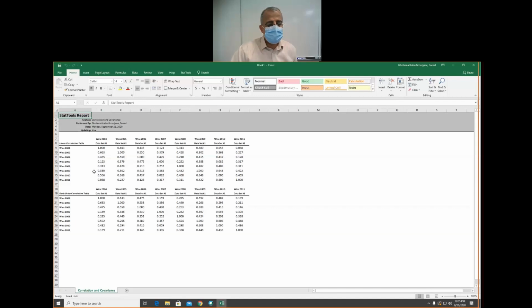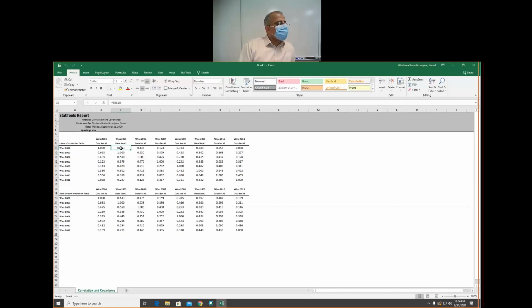Now we can go through this table to see if there are correlations among these variables. The first row is the correlation with wins in 2004. Between 2004 and 2005, we have 0.6 as our correlation. You know that correlation varies between -1 and +1. Close to -1 or +1 means a strong correlation.